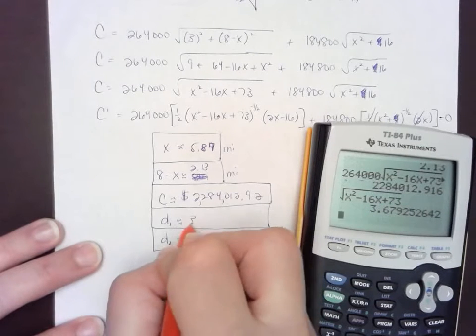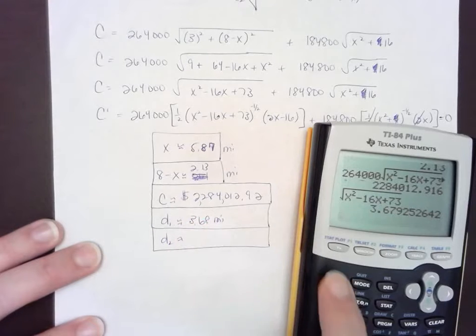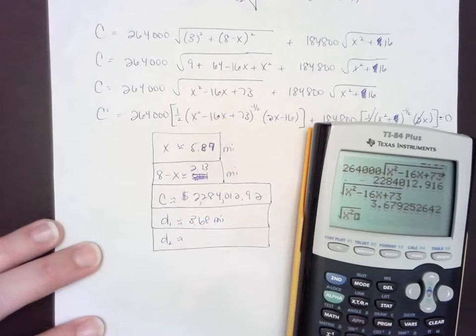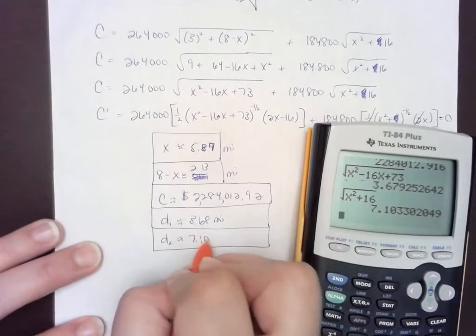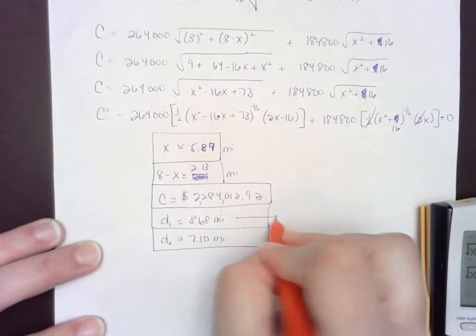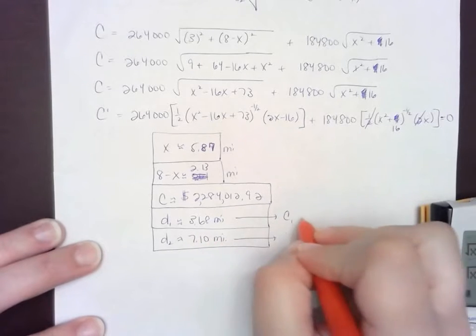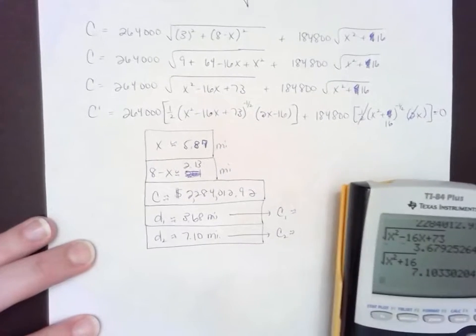That's approximately 3.68 miles. The other one is the square root of x squared plus 16, and that is approximately 7.10 miles. You could also take it as far as, what is the cost of each of those? If you really want to find everything that's unknown.